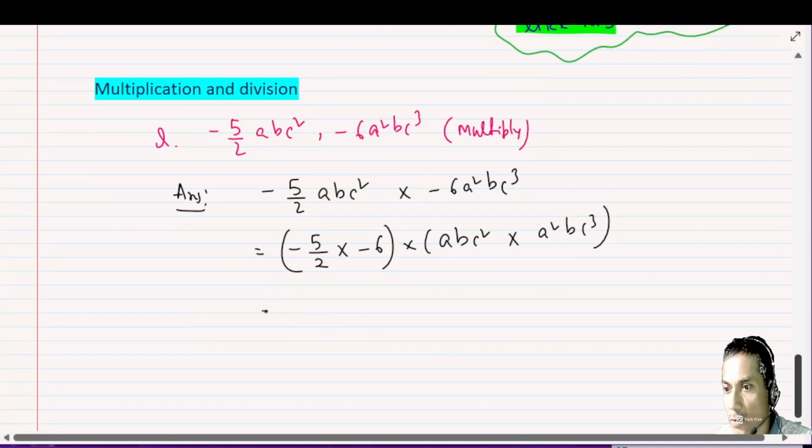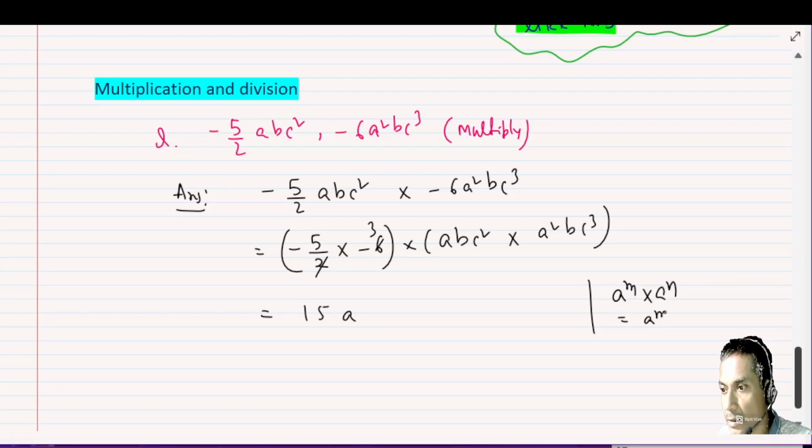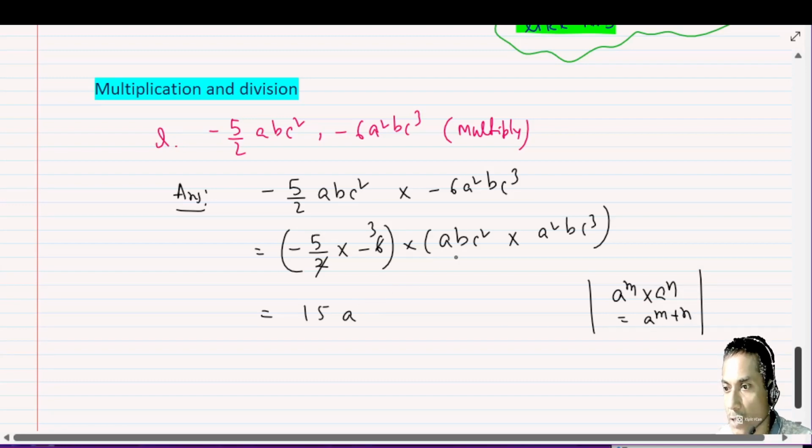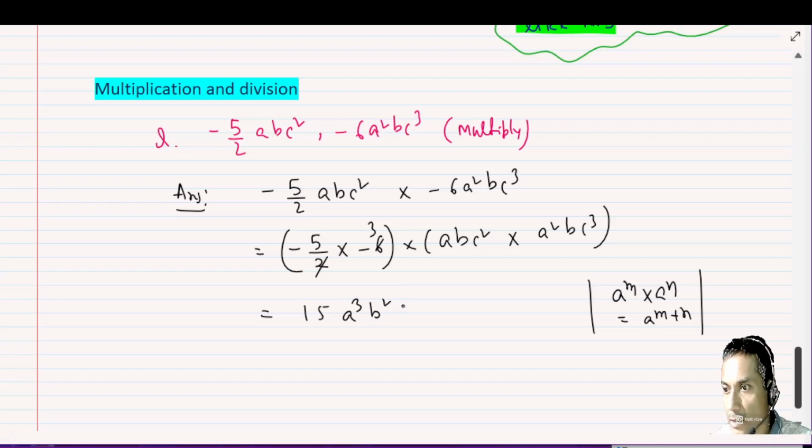Now you have to simplify this, minus minus plus, and this is 3 with 15, and you know this formula. For example, a^m into a^n, you already learned, is a^(m plus n). Clear? So the answer will be what? A cube, b square, and c 5. Clear? A cube, b square, c 5 is the right answer.